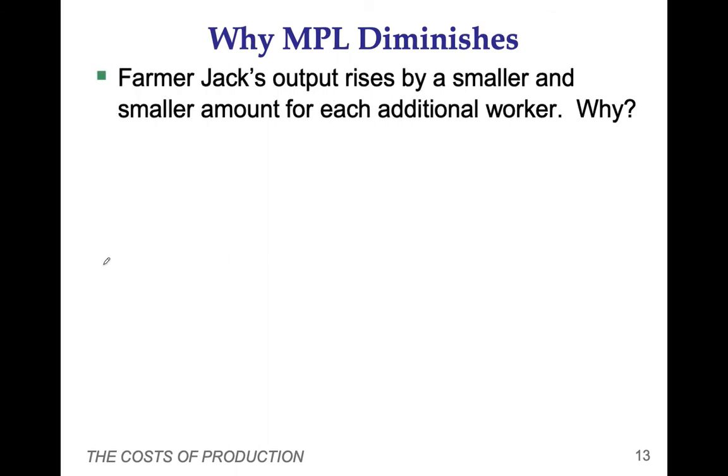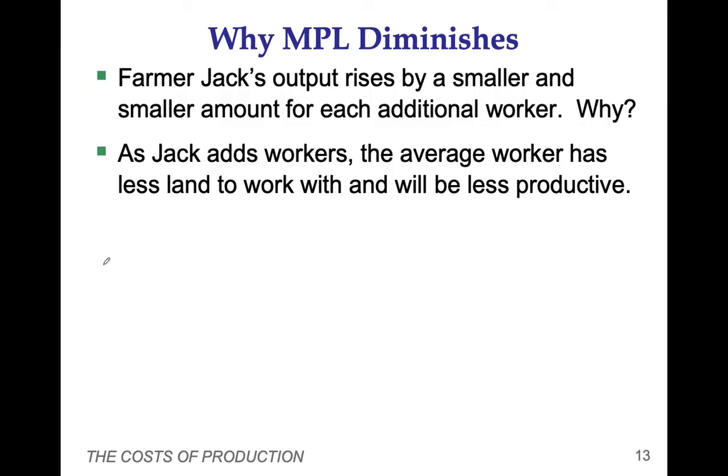Jack's output rises by a smaller and smaller amount for each additional worker. So why? As Jack adds workers, the average worker has less land to work with and will be less productive. So in this farming example, the additional worker will have less land to work on.